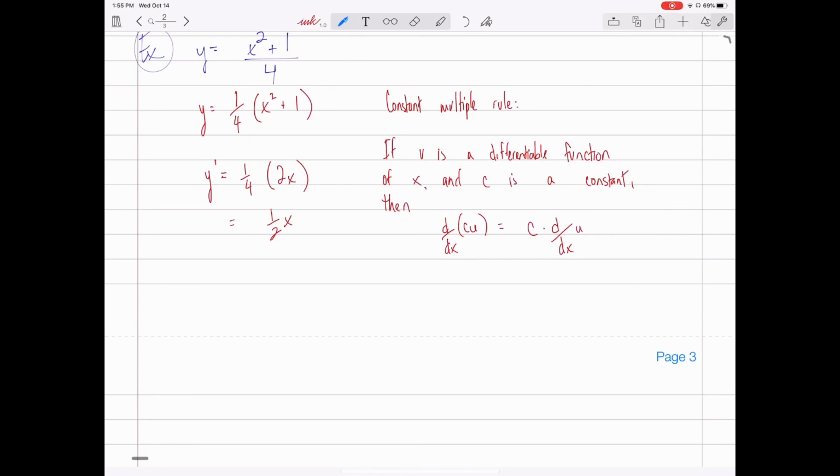So basically you can bring the constant out to the front. That's what all that translates to.